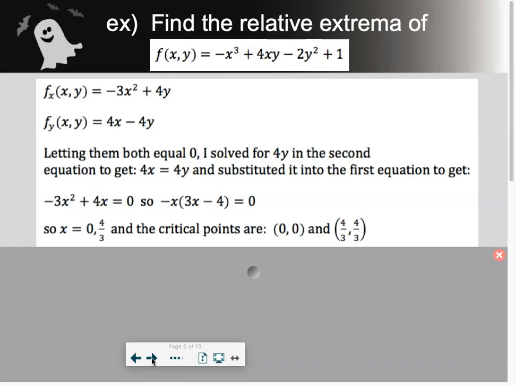You're going to have 2 different Ds, one for each point. Yeah, so xy is 4, yx is 4, yy is negative. Then xy and yx are equal to 4. So now you find the difference.